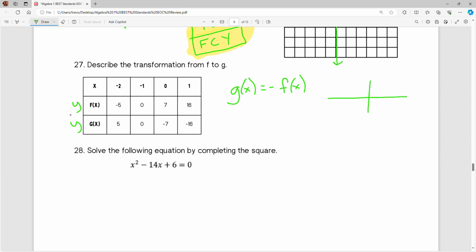When x is 1, for f of x, y is up there at 16, and for g of x, it's down there at -16. So when you think about how does that move over, that would be if you folded the graph at the x-axis. So we would call this a reflection over the x-axis.